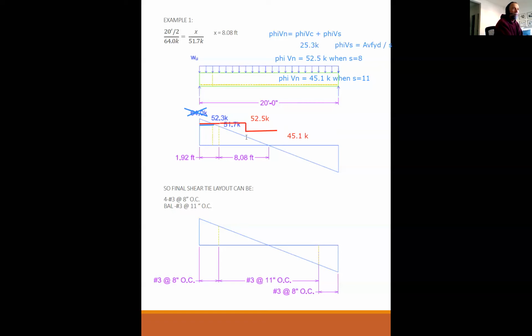Where this break happens depends on how many number 3s at 8 inches, how far out I carry my tighter spacing. I'm the designer; I determine how far out it goes. So I need to carry out my tighter spacing, which produces 52.5 kips, out far enough so that when it drops to 45.1 kips, it's still higher than Vu, because Vn must always be higher than Vu at every location on the span.